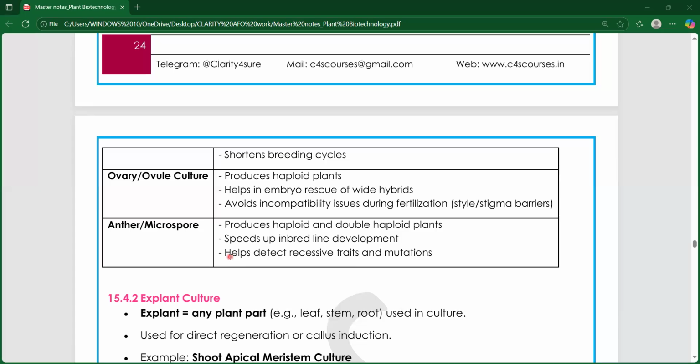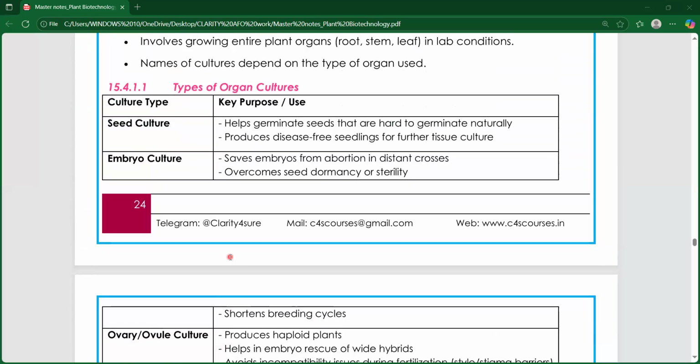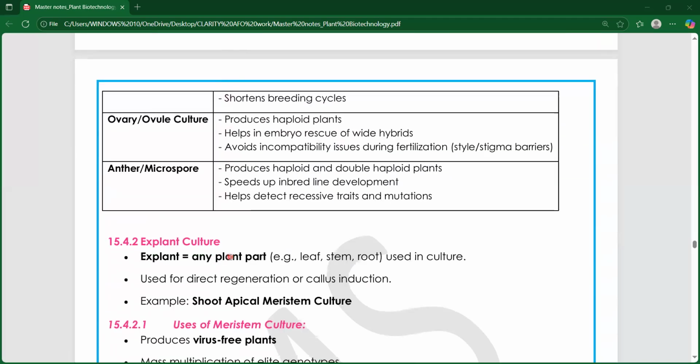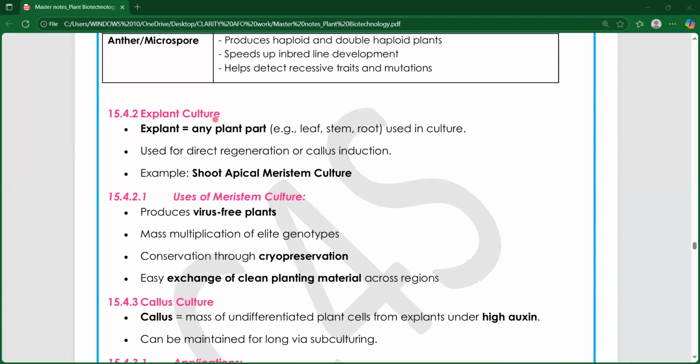So in this way, we have discussed the four major organ cultures from this page itself. Moving on, we have the explant culture. Explant means any plant part which is used in the culture. So what happens in explant culture? We are culturing an excised plant tissue on nutrient medium under sterile conditions, so the tissue is called an explant.